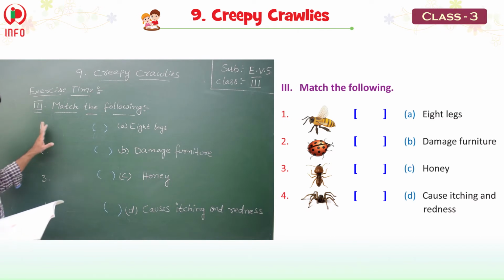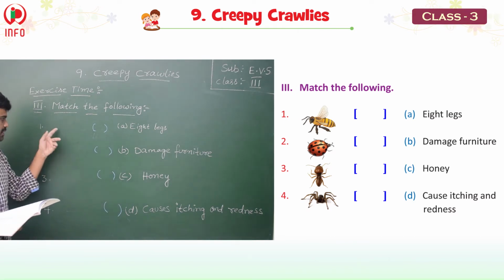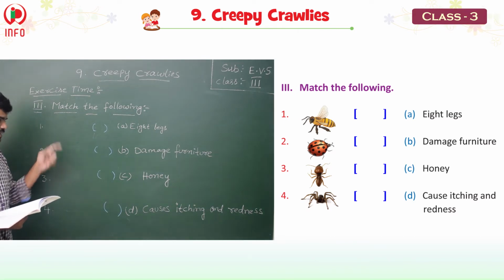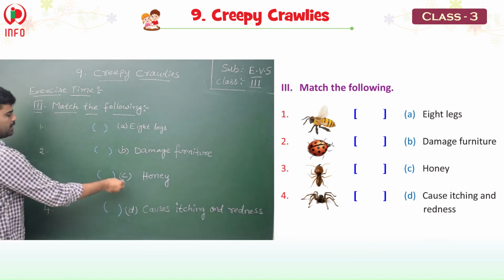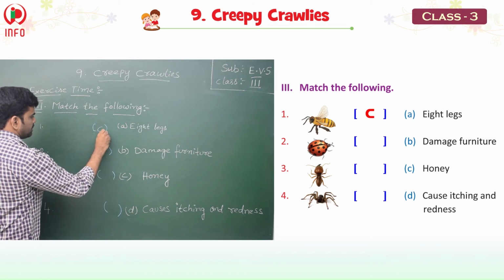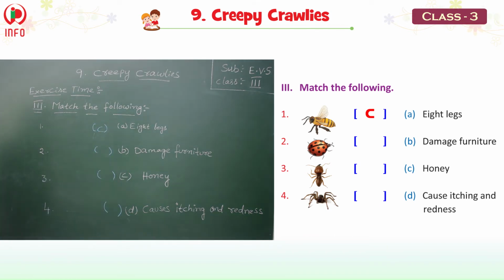Okay. So here, what is the first one? What is this? Yes, honeybee. So what will the honeybee give? Honey. So the answer is C. Honeybee gives honey. Okay.